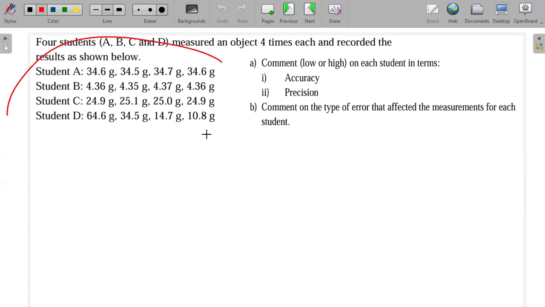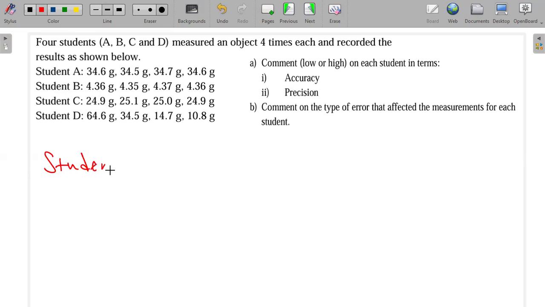These are the results for the 4 students. Question A says comment on how low or high each student is in terms of precision and accuracy. And B says comment on the type of error that affected the measurements for each student. We are going to start with student A.